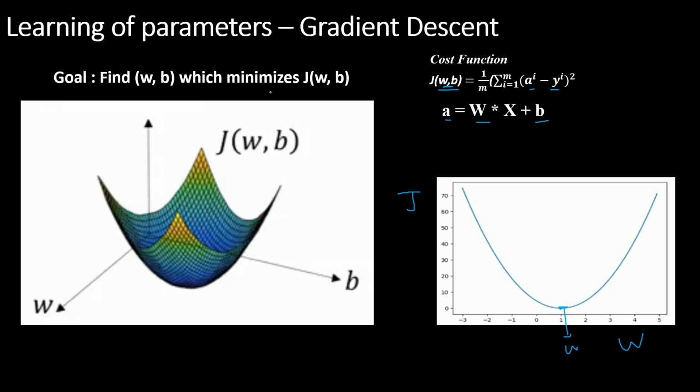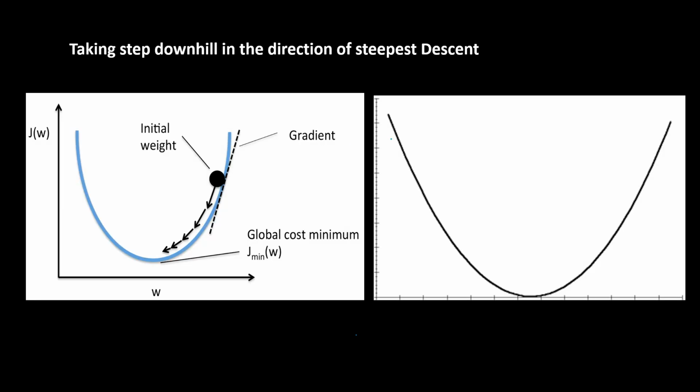Given the cost function, it computes the gradient wherever you are, and based on that gradient it moves in the direction of steepest descent. If you are here, it moves downhill to the position where the cost is minimum, and if you are on the other side, it moves to the left where the cost is minimum.